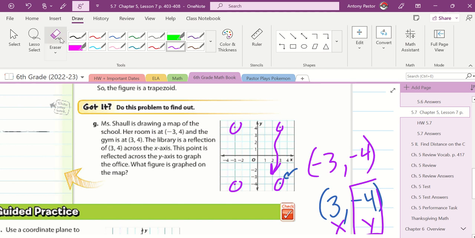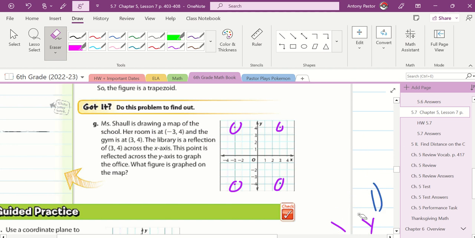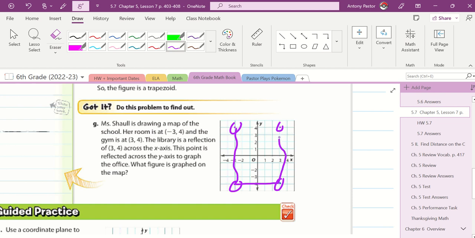And that's it. What is the figure graphed on the map? The figure should be a square or a rectangle, but it all depends on if each side is right. This is 4, this is -4. So we know that these, yeah, this is going to be a square. Each side should be the same. That's a really bad square. But this is -3, +3.